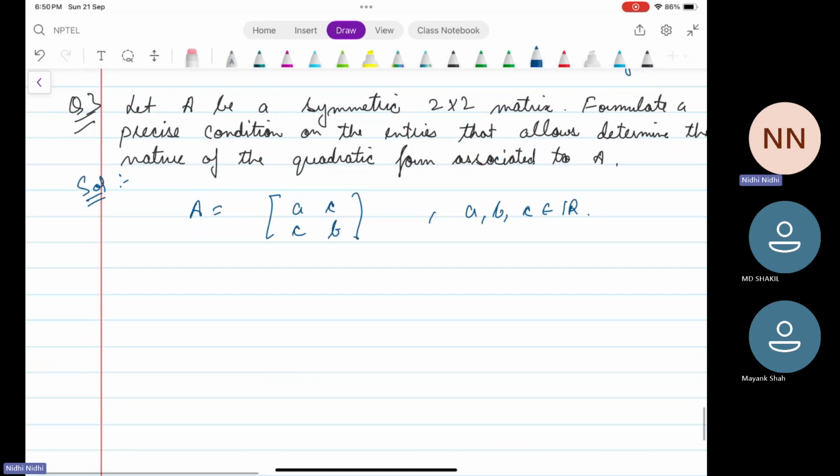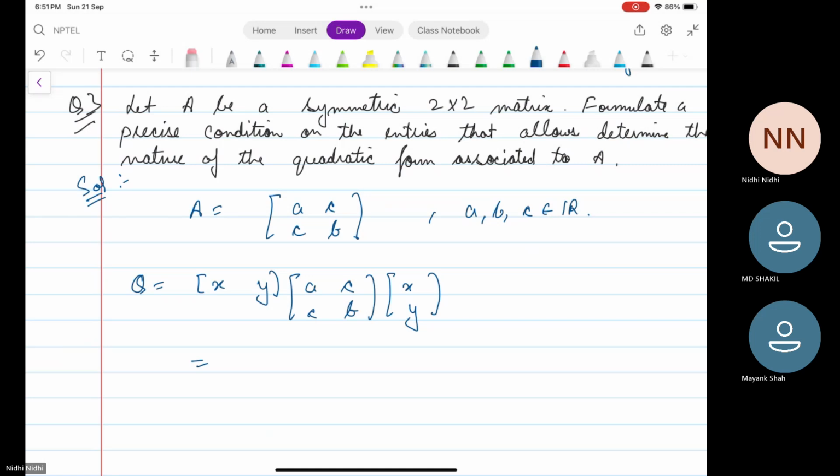Now the quadratic form corresponding to the symmetric matrix A, this is (x y) times a, b, b, c times (x y). So this will be a polynomial in x and y. We will get this to be ax square plus 2bxy plus cy square.